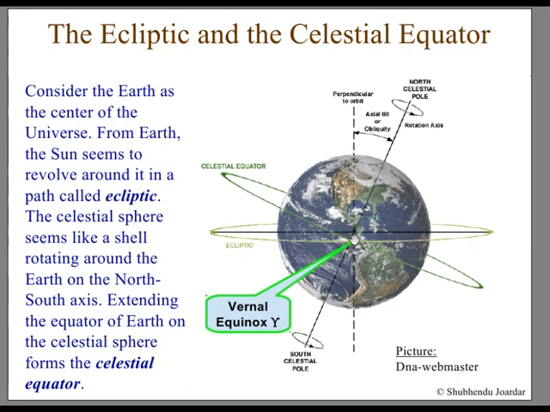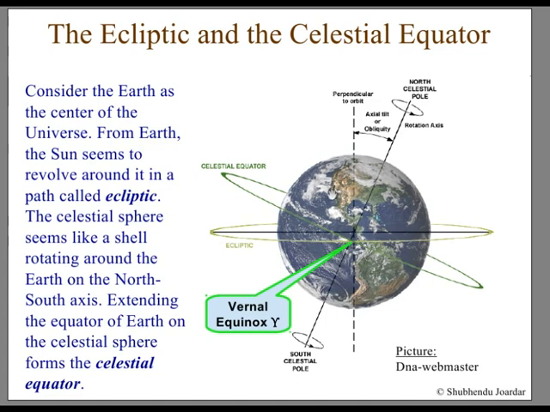Now, if you see the sun as observed from Earth over the years, you will see that the sun revolves, actually the Earth revolves, we know that, but from the Earth it appears that the sun is revolving around the Earth in a plane which is 23-degree inclined. So this plane is called the ecliptic plane.